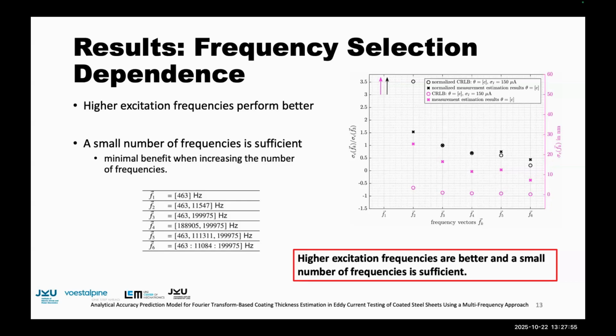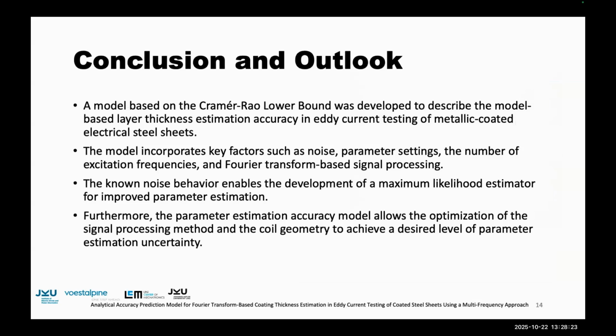In pink, you can see the absolute standard deviation again, where you can see a gap again between the model and the measurement results, and in black, the normalized results, which also shows very good agreement with the model. So the key takeaway is that higher frequencies perform better, and there's just a minimal benefit when the number of frequencies is increased.